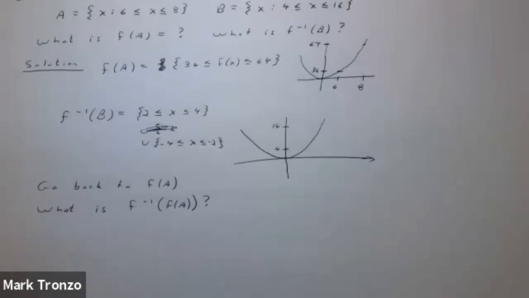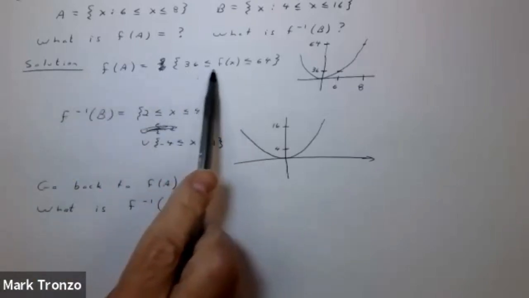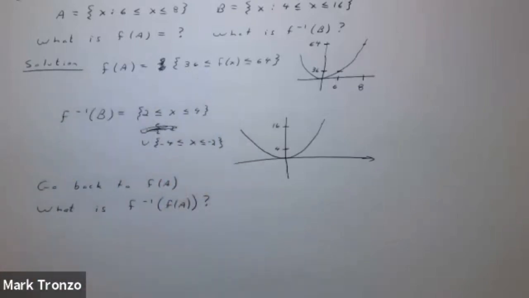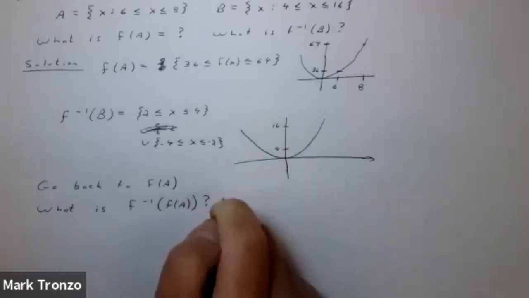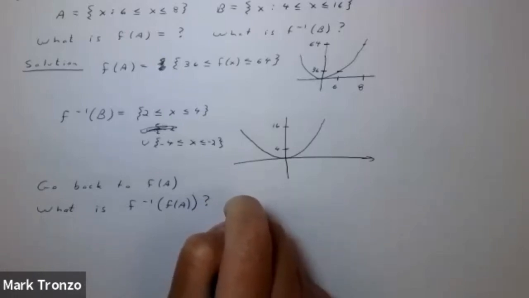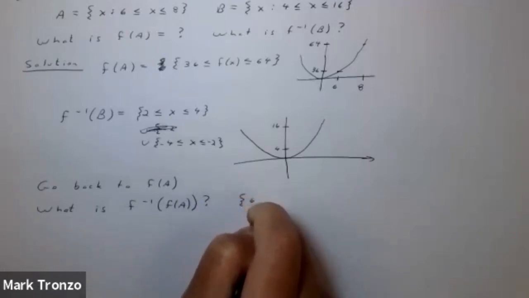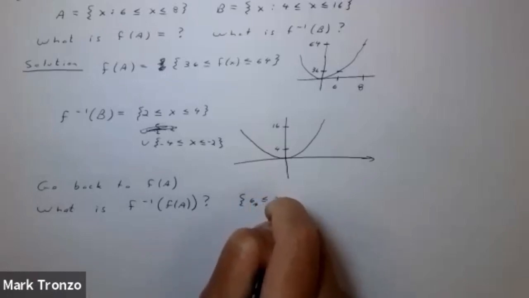Would we get back where we started? That's what you would kind of expect, because we did f, then we're doing the inverse again. So what's the inverse image of this up here? 6 and 8. The interval 6 to 8.